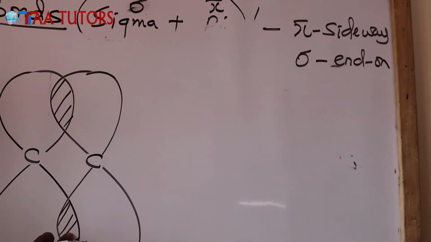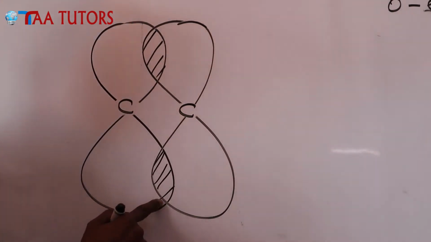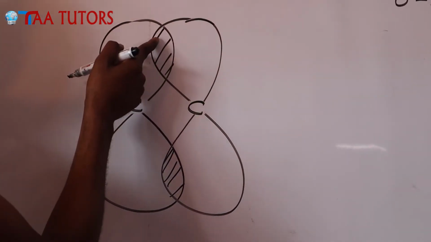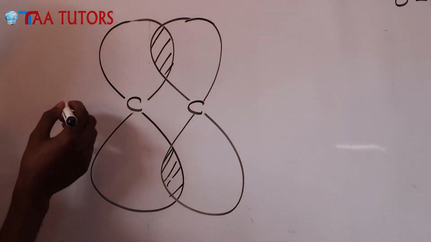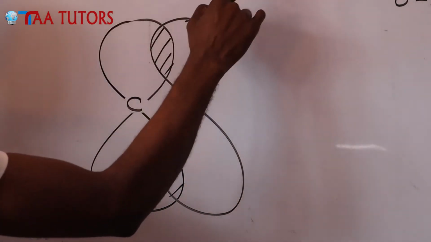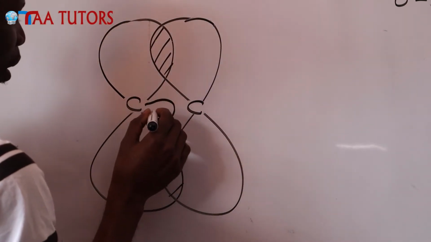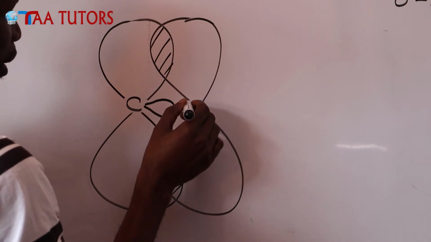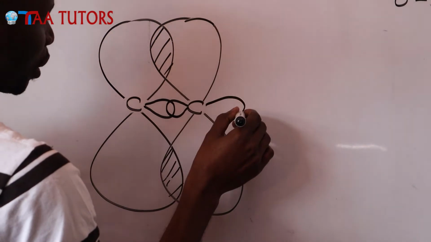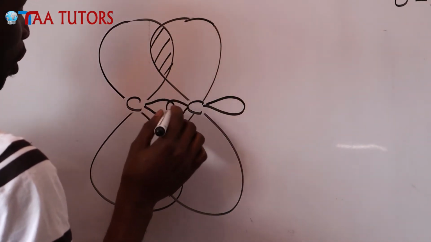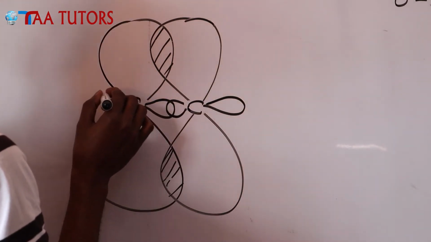So I've said that if you have this overlapping and this overlapping, it forms one single bond. Don't confuse it to say that this is one pi bond, this another pi bond. No, this and this is simply one bond. Then we know that for a sigma bond, it must be end-on overlapping. So we must have another bond coming and overlapping this way.